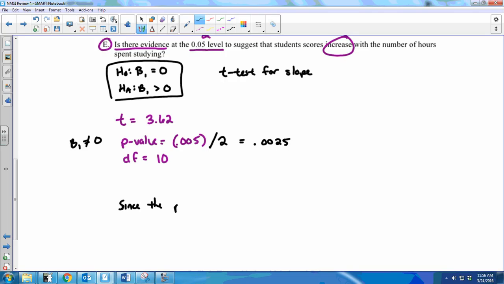The p-value is lower than alpha equal 0.05, right? Because that's what it tells us in the question, so we can directly reference it. We reject. So if we reject the null, again, looking at our hypotheses and what the question asks, what does that mean in context?